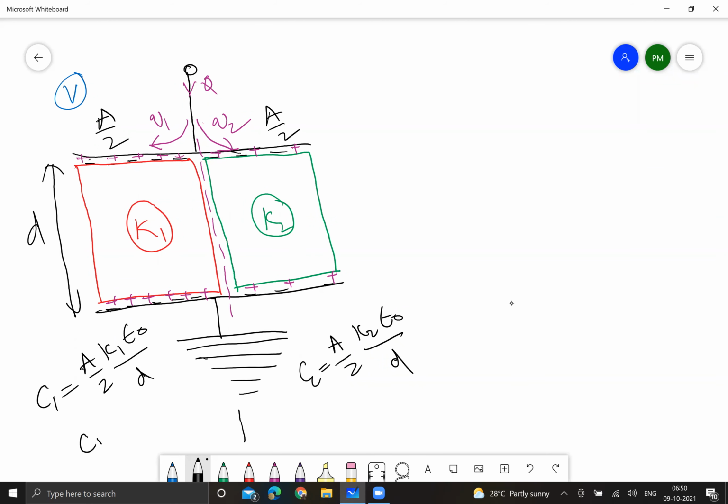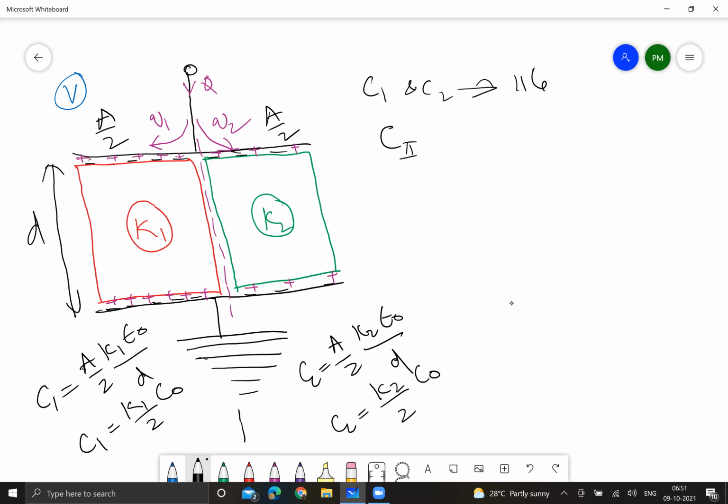So thus C1 will be K1 by 2 into C naught and C2 will be K2 by 2 into C naught. Because the charge is getting distributed, C1 and C2 can be considered to be parallel.